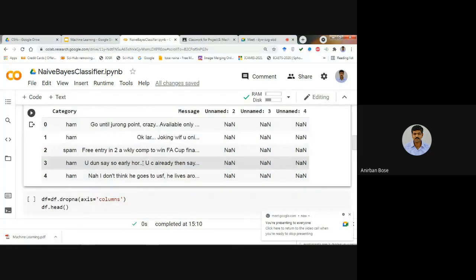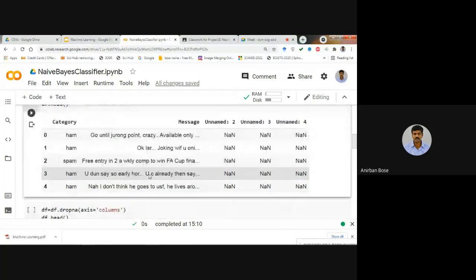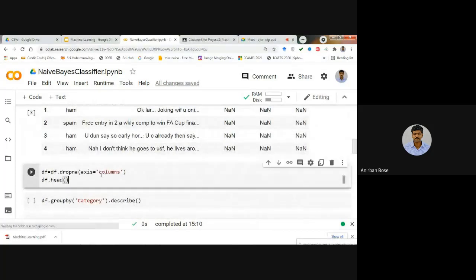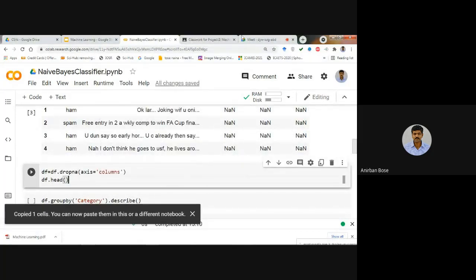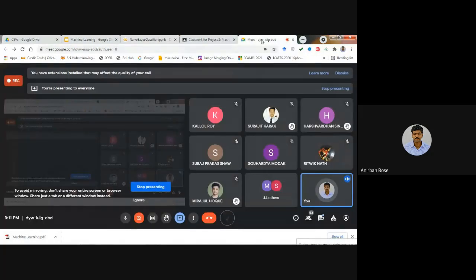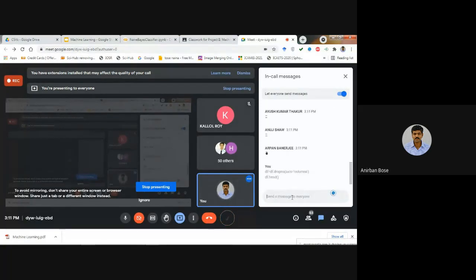Next job, definitely you can see in the data, there are something unnamed and all the values are NaN there. So you just drop those columns, and for that you just use dropna. But in this case, we want to drop the columns, not the rows. So that is why you mention axis equal to columns. So from the whole data set, you use dropna.